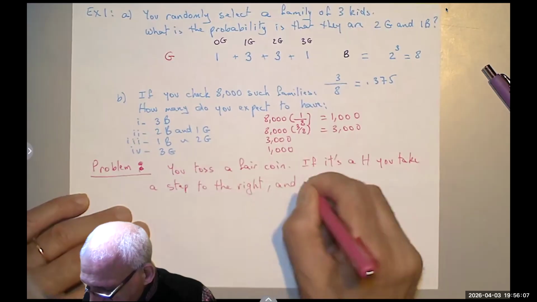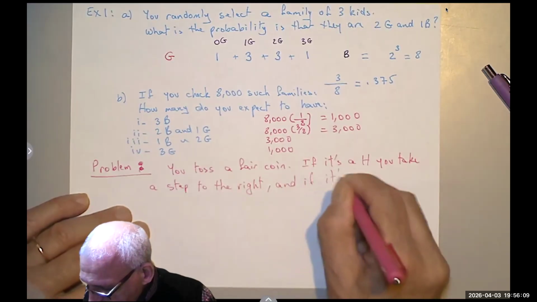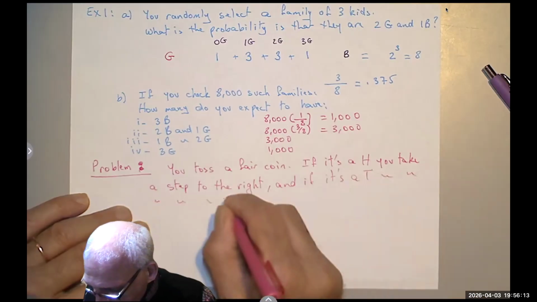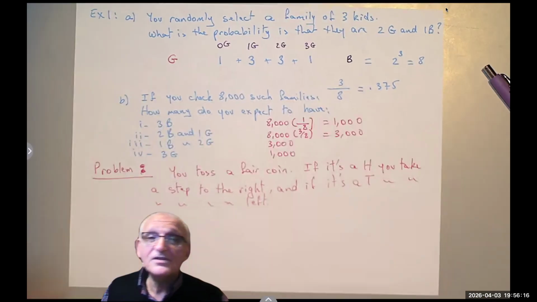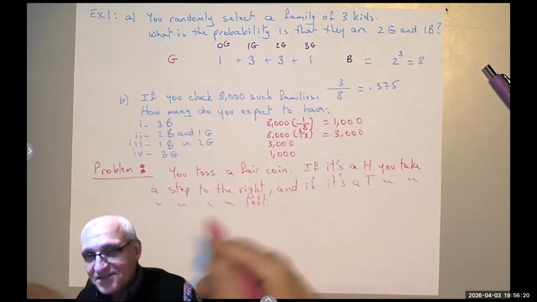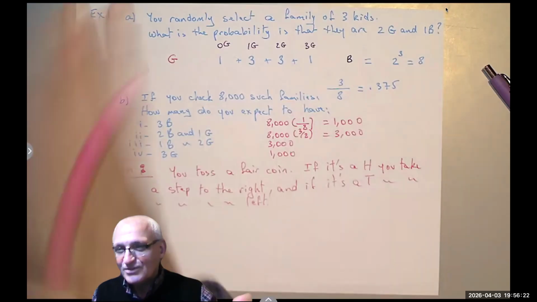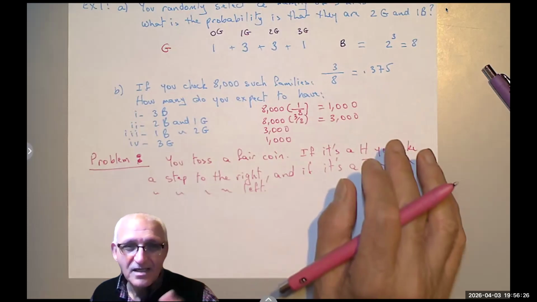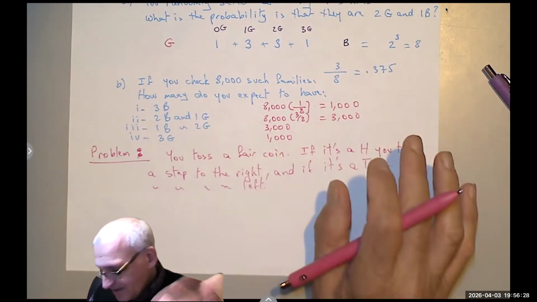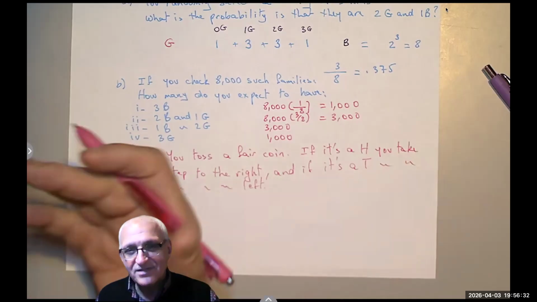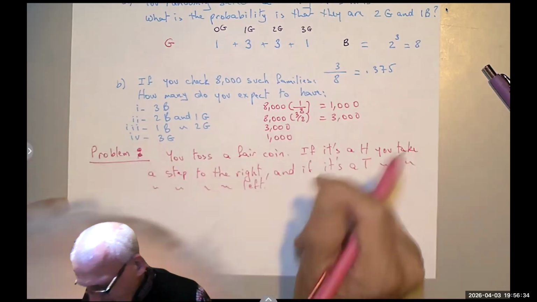And if it's a tail, you take a step to the left, to the left, to the left. Yeah, I know. See, I told you we are crazy together. I mean, we form a family of crazy people. So I'm like most likely the age of your grandparents. So you give me a slack, right? Old man, so I can be crazy.